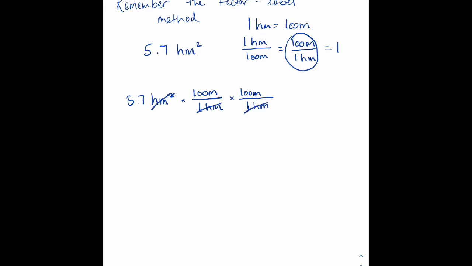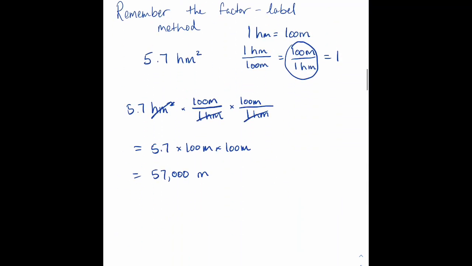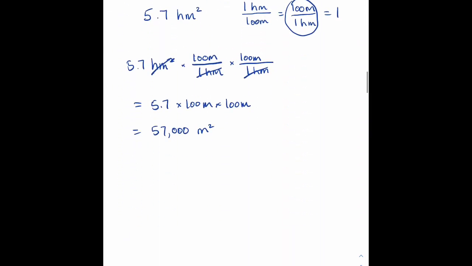And now I'm left with 5.7 times 100 meters times 100 meters, which is indeed 57,000 meters. I apologize, meters squared. Same answer as above, but done using the factor label method.